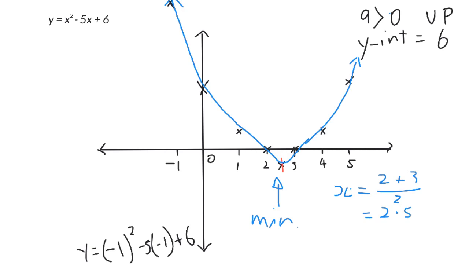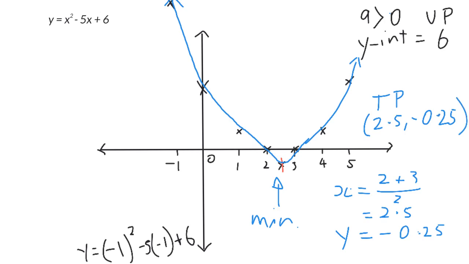If I substitute 2.5 into my equation, I end up with negative 0.25. So that's the coordinates of my turning point there. My turning point happens at 2.5, negative 0.25.